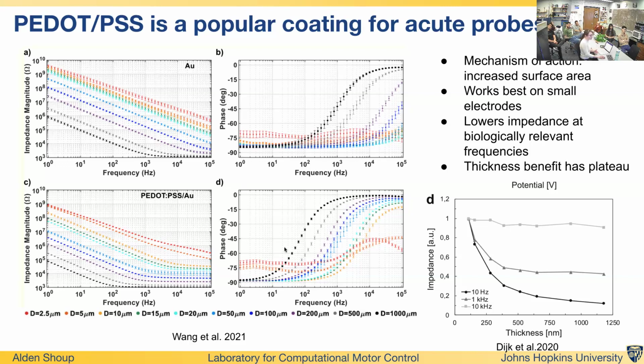So in both instances, we're looking for a lower impedance magnitude and phase to characterize a better electrode. And as the electrodes get worse and worse, you'll see the impedance go up. In addition to that, these are studies on how the thickness of the coating affects the characterization of the electrode.